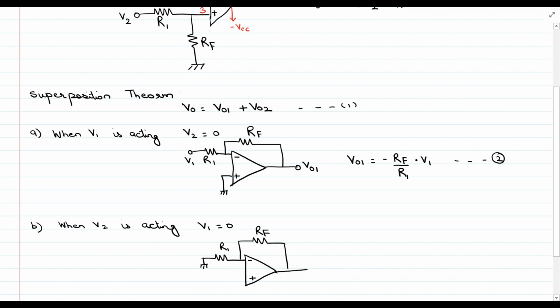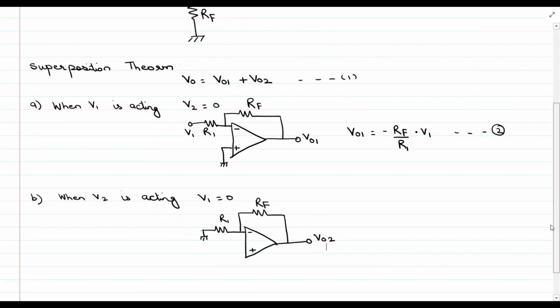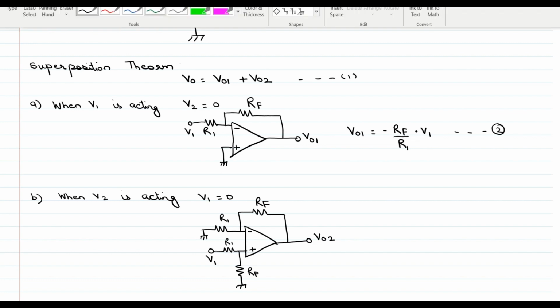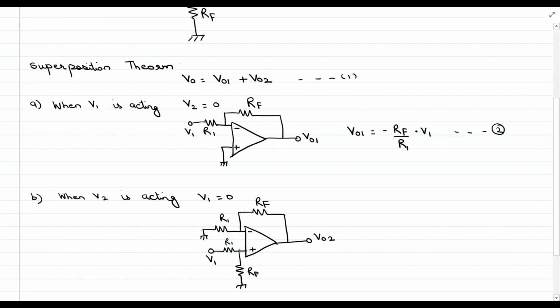This is output VO2 and the resistance is R1 and over here RF. And this is V1. Let the voltage at the non-inverting terminal over here be VB.